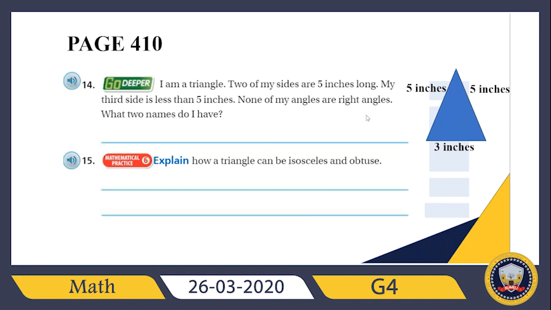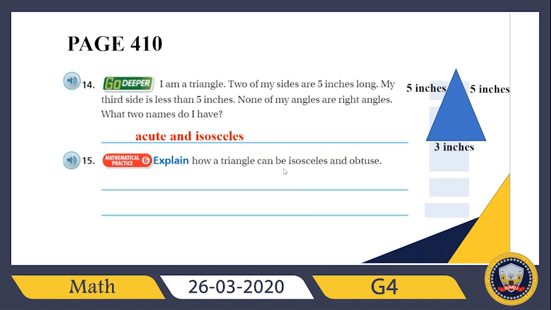If there are no right angles, what will I say? So this triangle is an example for an acute triangle in accordance with its angle. But it also is an example for an isosceles triangle when I classify it by its sides. Good job.